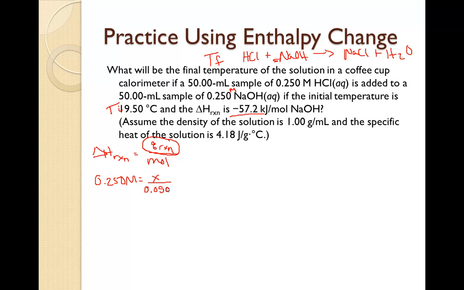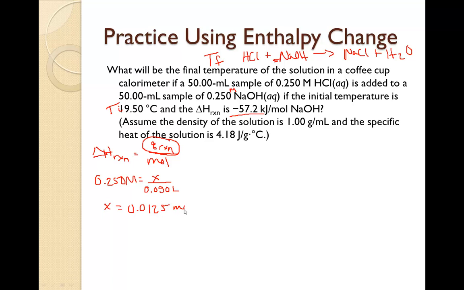Cross multiply, and it comes out to be 0.0125 moles.